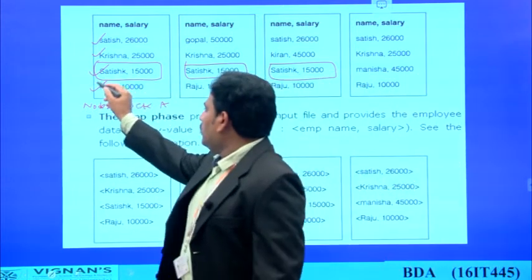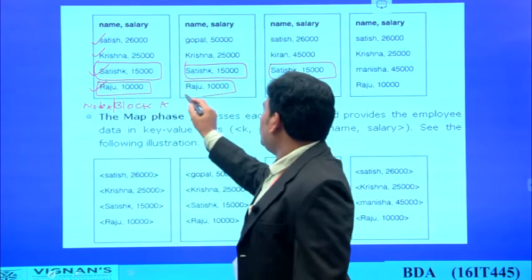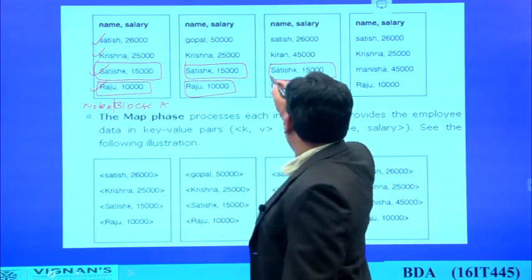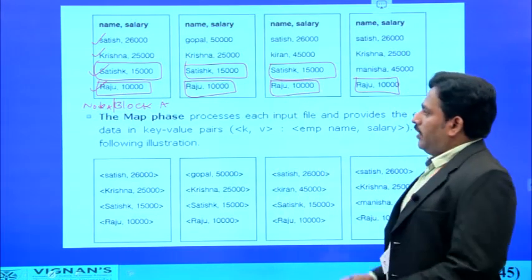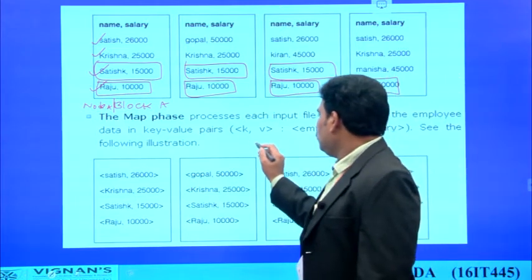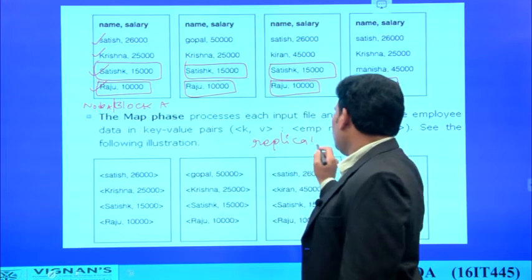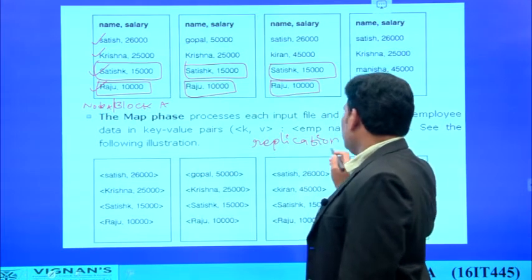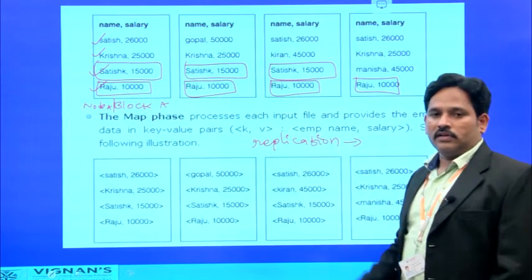Here, another employee called Raju, whose salary is 10K. You can find the same copy here also. So in this manner, what they are doing is applying a concept called replication of the data. Now, why do we want to maintain these duplicates of information? Maintaining a duplication of data is called replication.